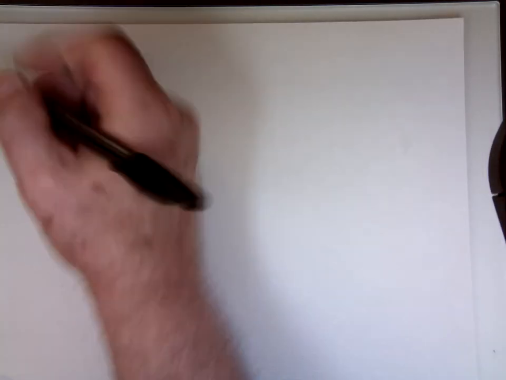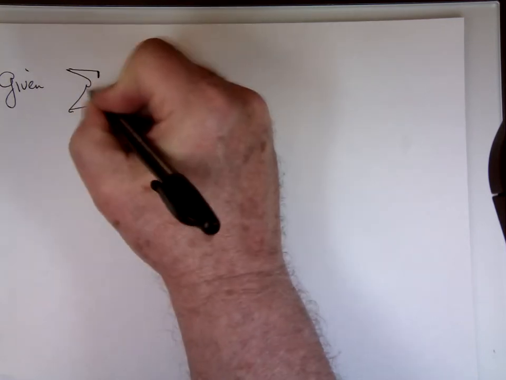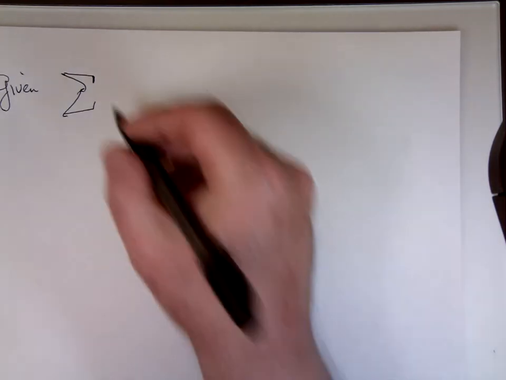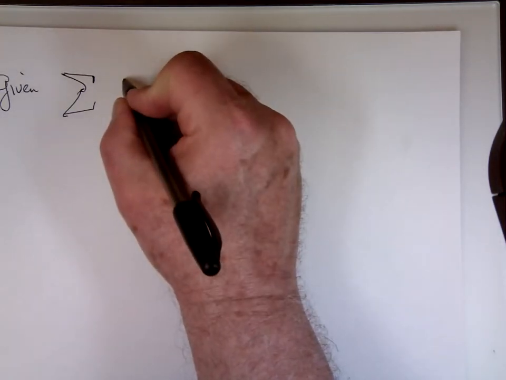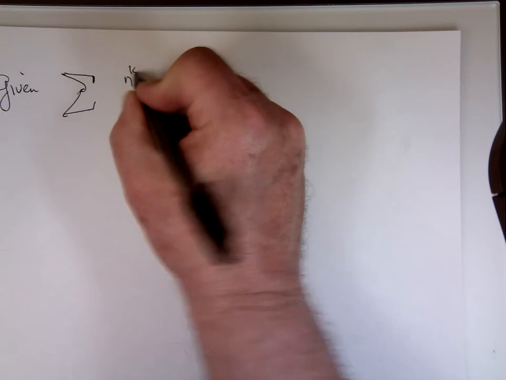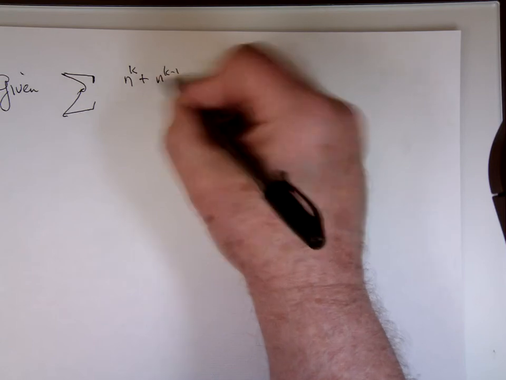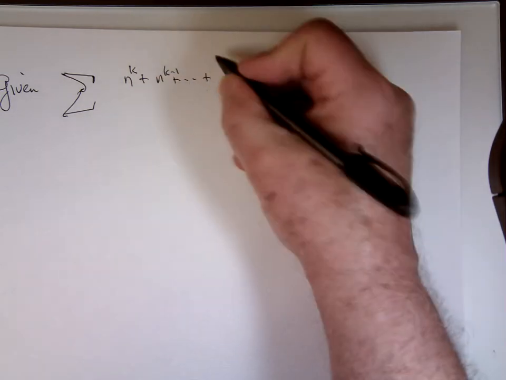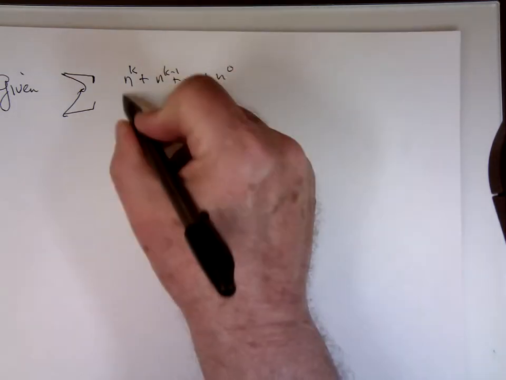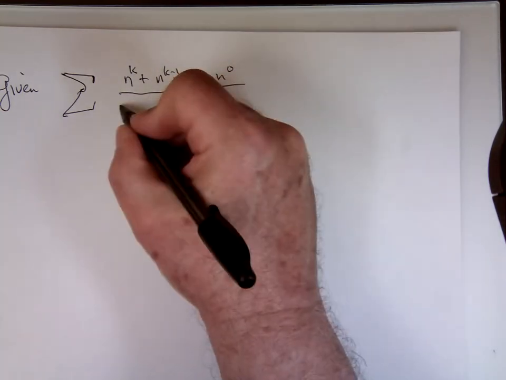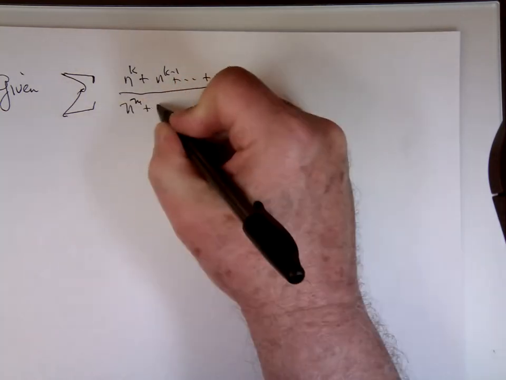Given that series, let's say the top one is n to the k plus n to the k minus 1, written in descending order, down to some constant. And the denominator is n to the m plus n to the m minus 1, all the way down to some constant.